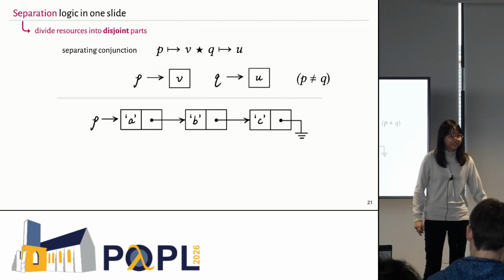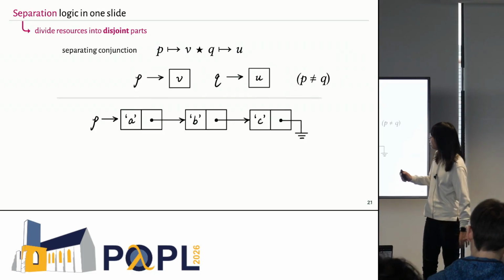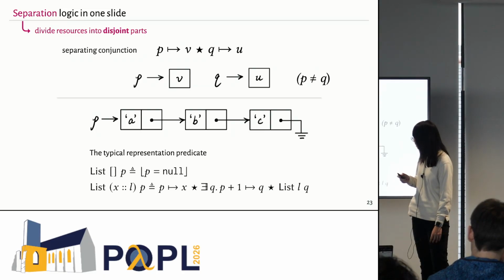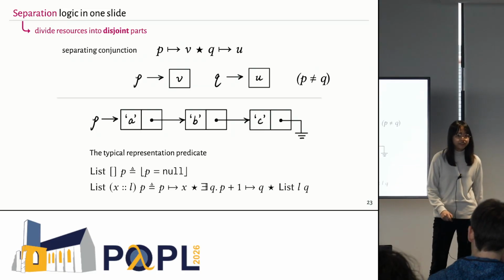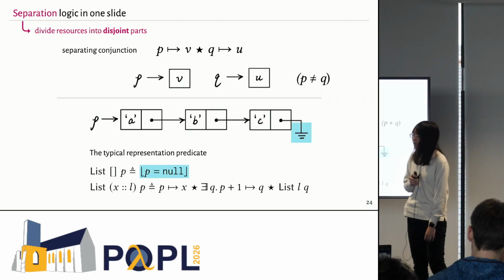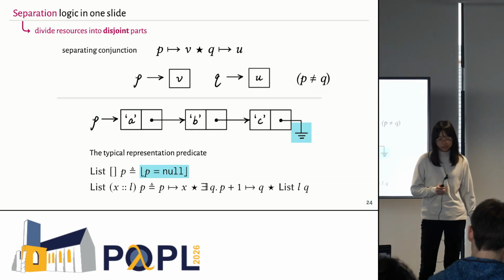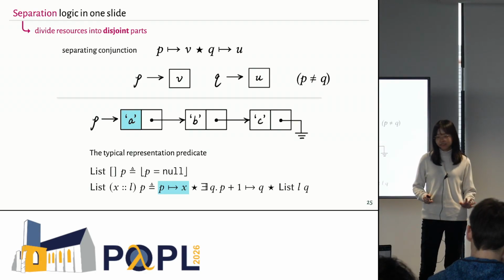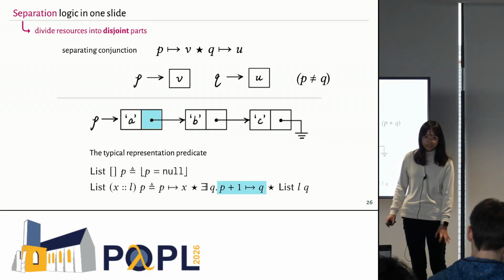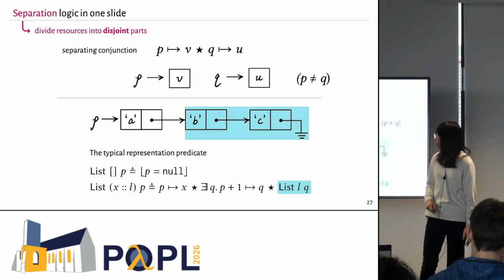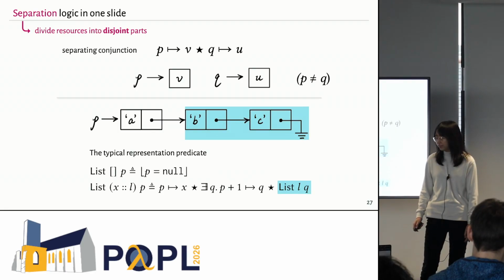A container, like a linked list, is represented by a representation predicate in separation logic. The typical representation predicate of a list says that if the list is empty, then P is the null pointer. Otherwise, P points to the head element of the list. And then at location P+1, we find the intermediate pointer Q, which recursively points to the tail of the list.